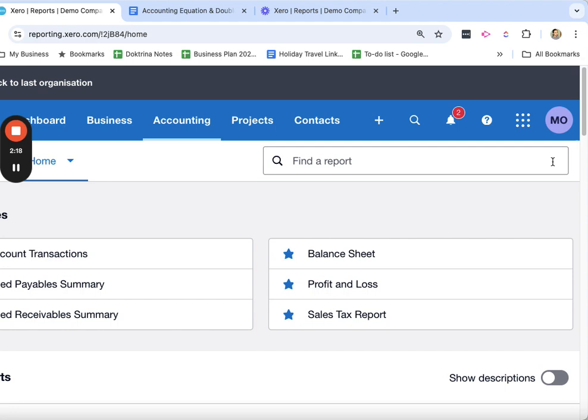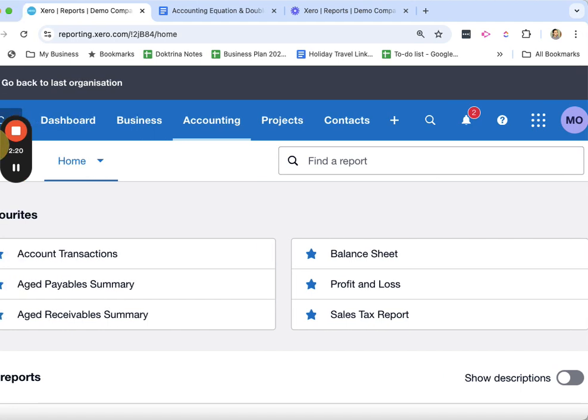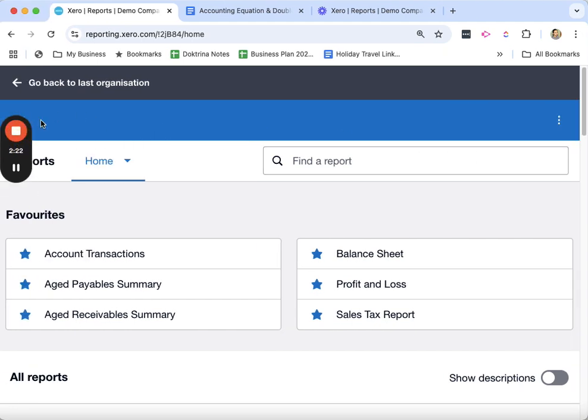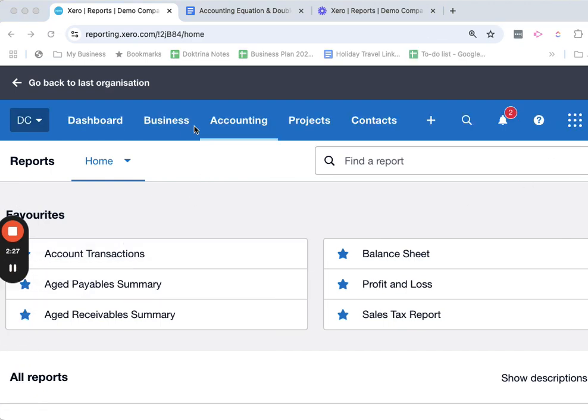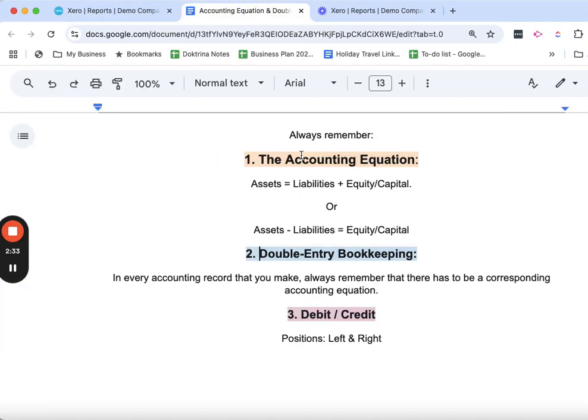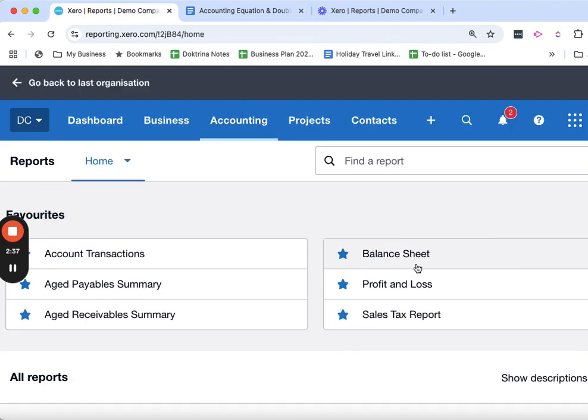Okay, so now we have the equation, which is how you explain the balance sheet.